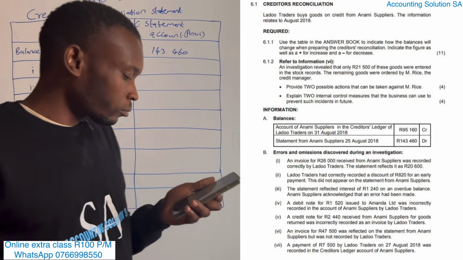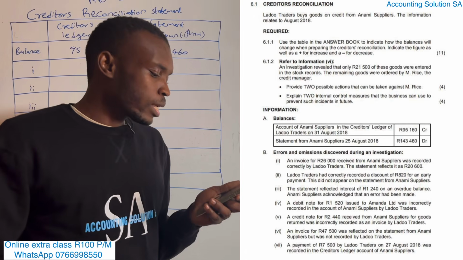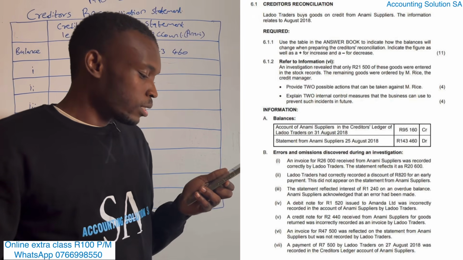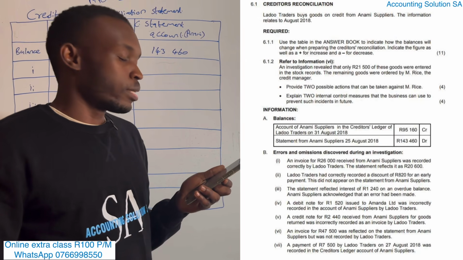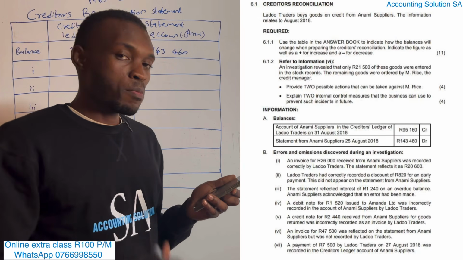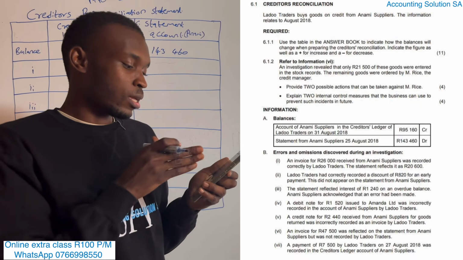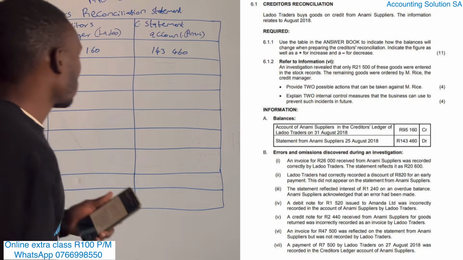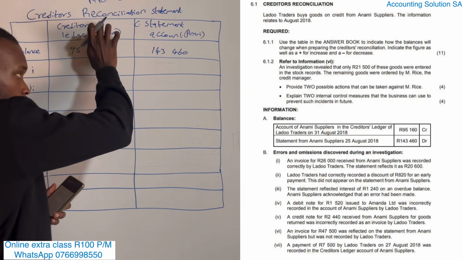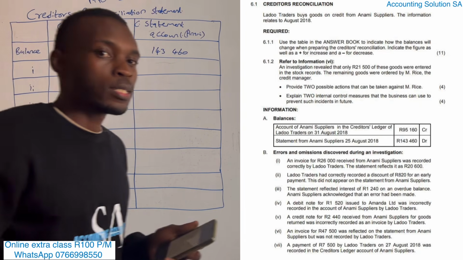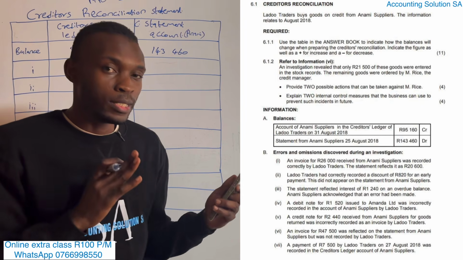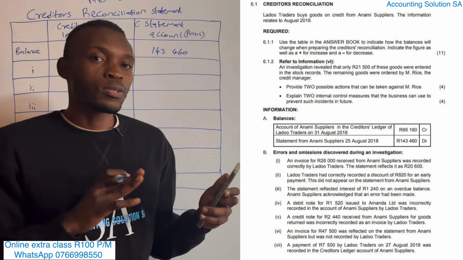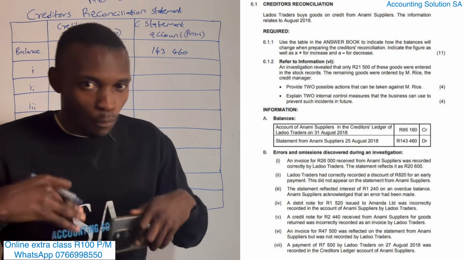Okay. Number B, they give us errors that happened and omissions that were discovered. All right. Maybe before that, let me explain why they write credit and debit. When it comes to our books, the credit side is indicating that we have a liability, because liability increases on the credit side in our books.